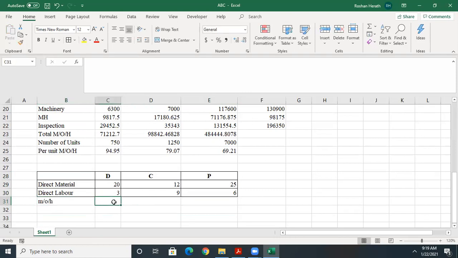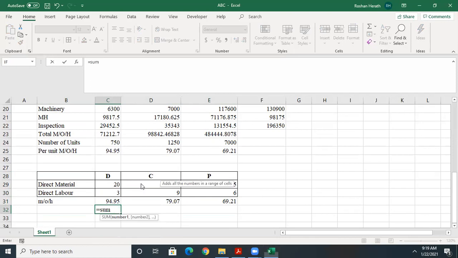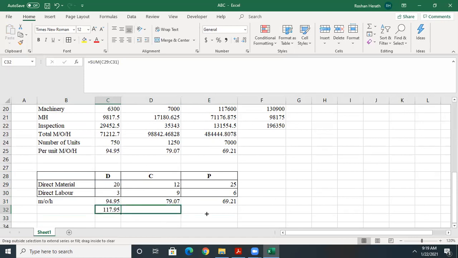So here you can see it's 94.95, 79.07, and 69.21. So if you take the total, that is the per unit cost. It's 117.95, 100.07, and it's 100.21.